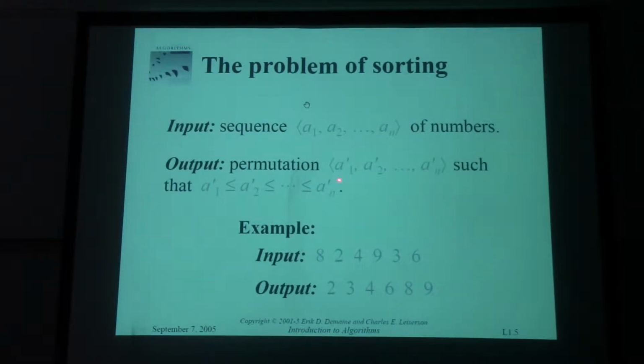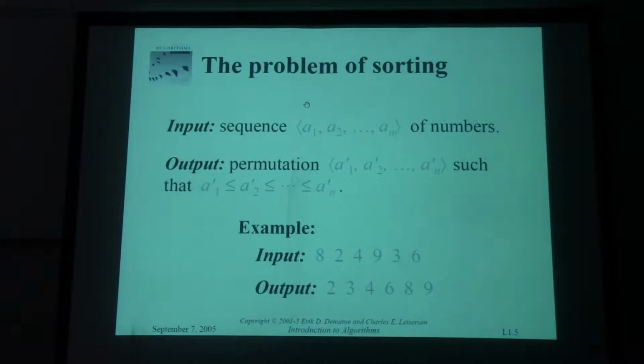That means we may have a new element in the first position, which is different than this one. So these primes reflect the fact that these positions are now possibly new. For example, if the smallest element of the sequence is A2, then A2 would go into position A1 prime. Does that make sense?